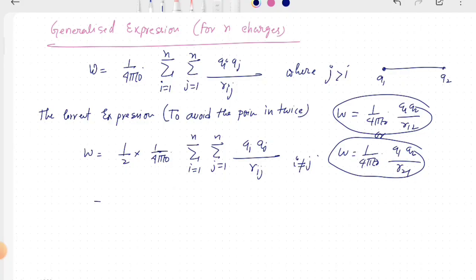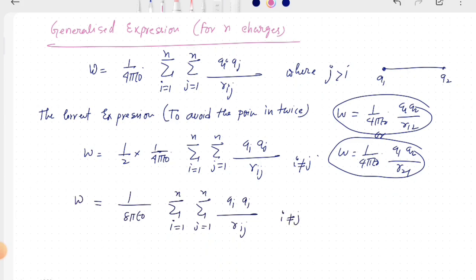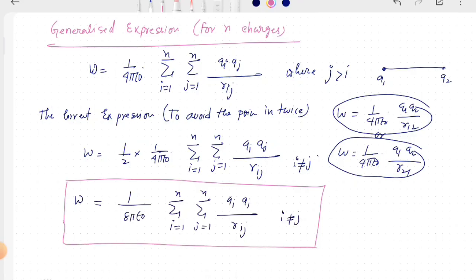So the expression is 1 upon 8 pi epsilon naught, i from 1 to n, j from 1 to n, qi qj upon rij, i not equal to j. This is the exact expression of work done.